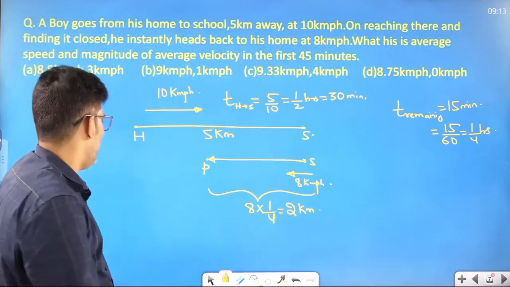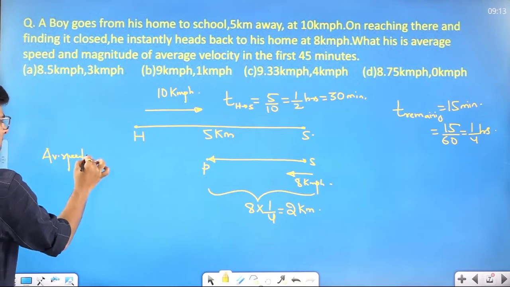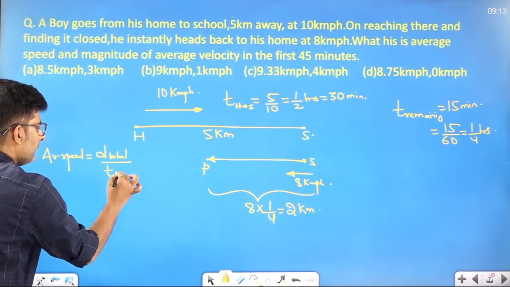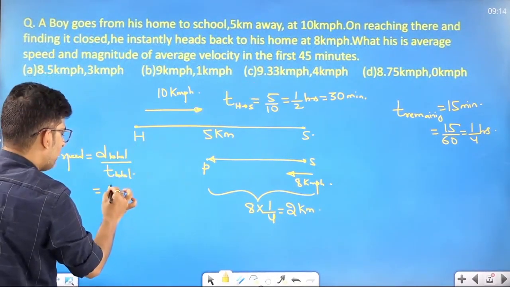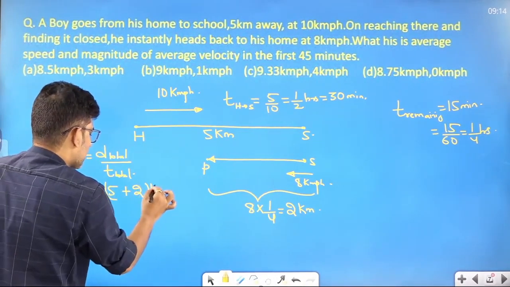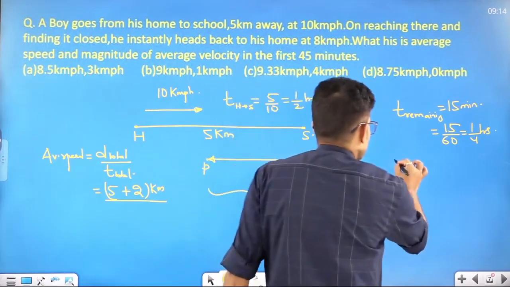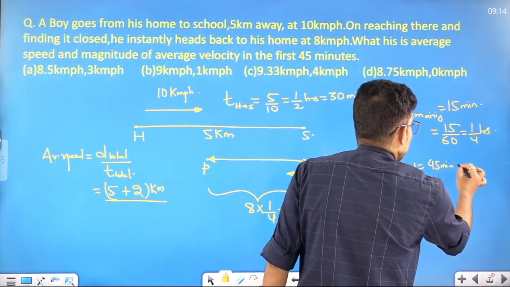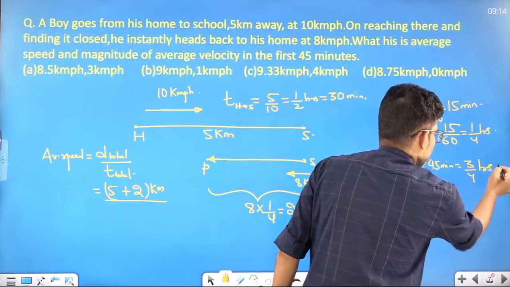Now, if you see the average speed is total distance by total time. Now what is the total distance? While going forward he travelled 5 kilometers and while coming back he travelled 2 kilometers, that is 7 kilometers. And what is the total time? If you see the total time was given as 45 minutes. What is 45 minutes equal to? 45 by 60, that means 3 by 4 hours.